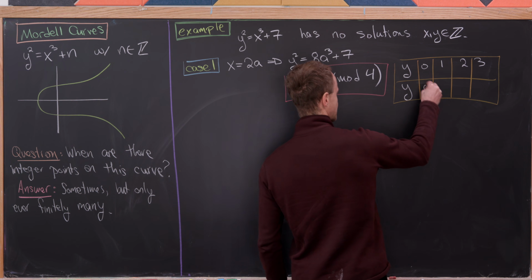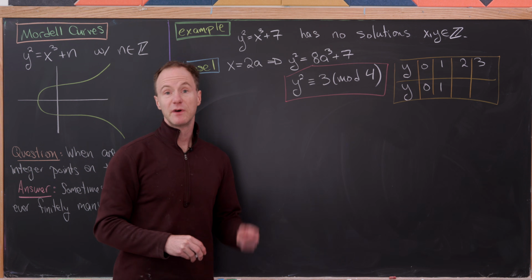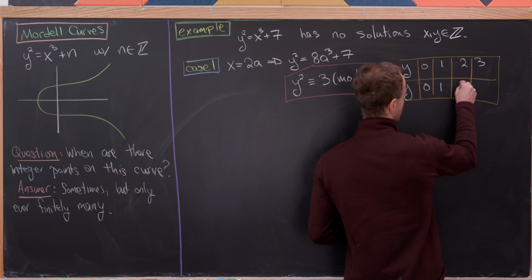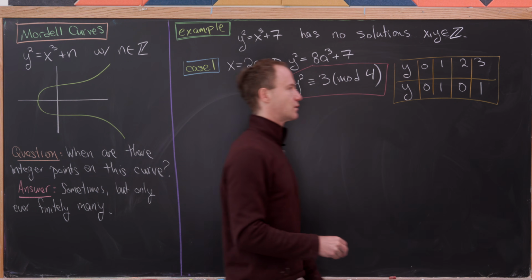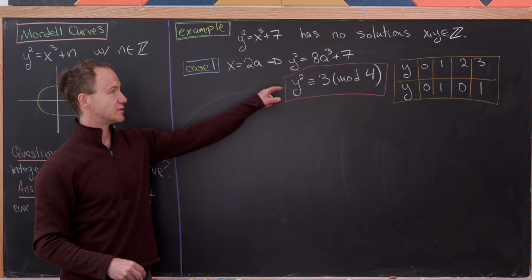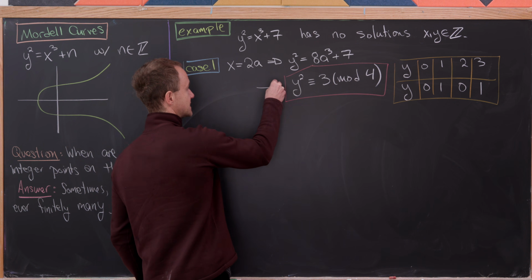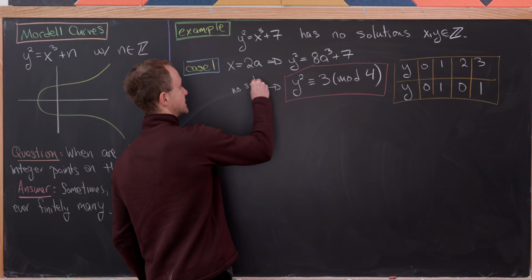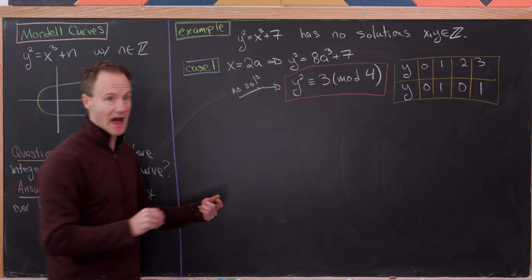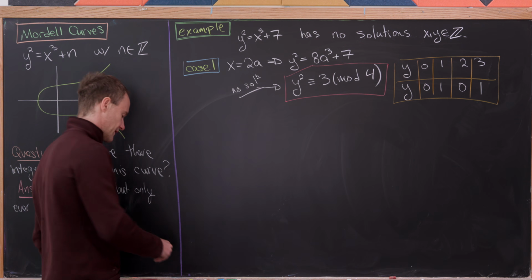So notice that 0 squared is 0, 1 squared is 1, 2 squared is 4, but 4 is 0 mod 4, and then 3 squared is 9, but that's 1 more than 8, so that's 1 mod 4. So what we see here is we never achieve the number 3, so this tells us that there is no solution. Because if we had a solution, then we would have a square root of 3 mod 4, which we clearly don't.